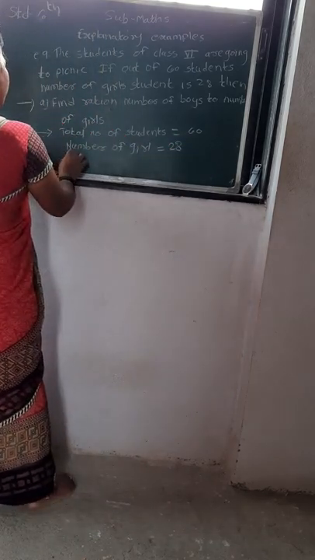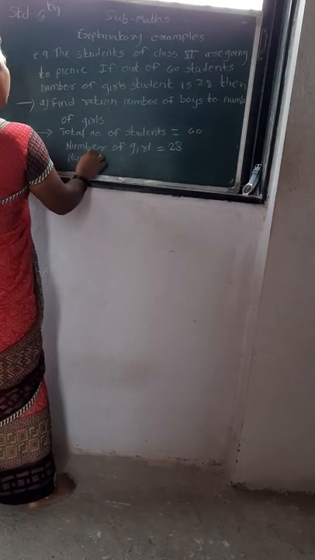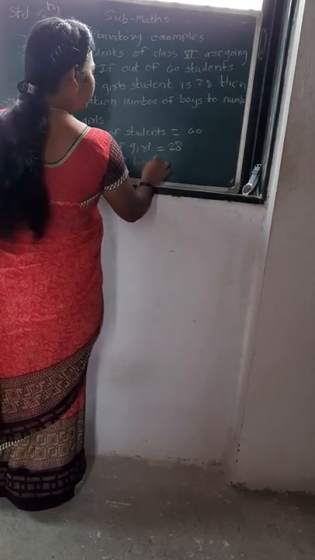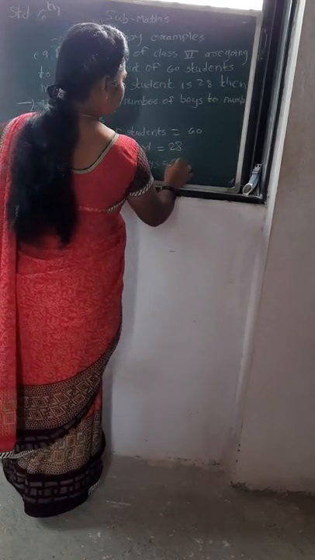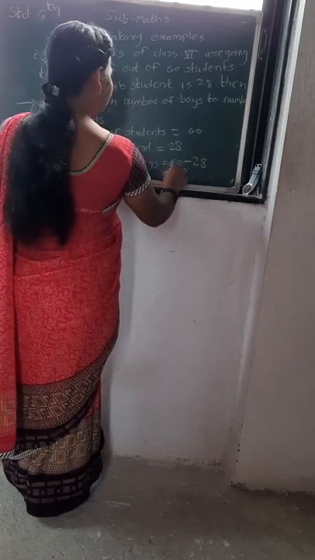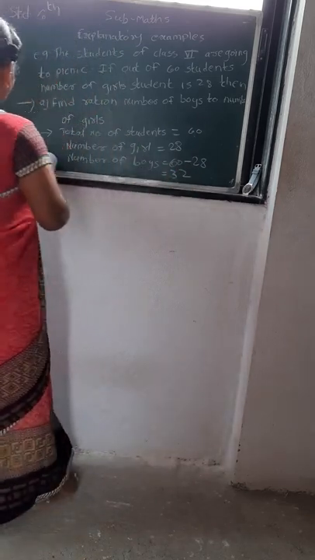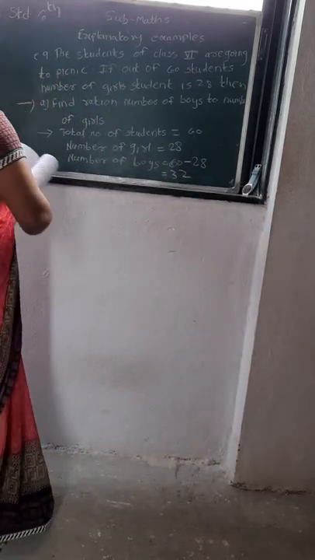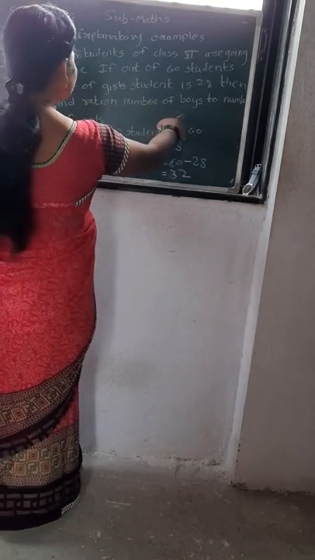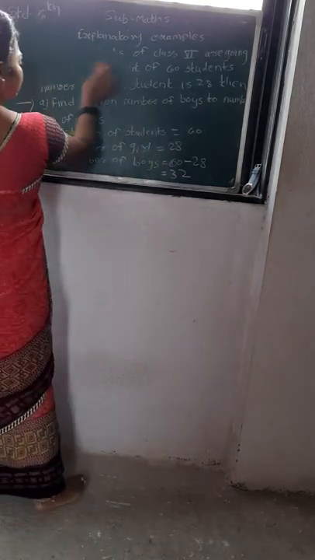Then number of boys is total students minus number of girls. We get 32 boys.